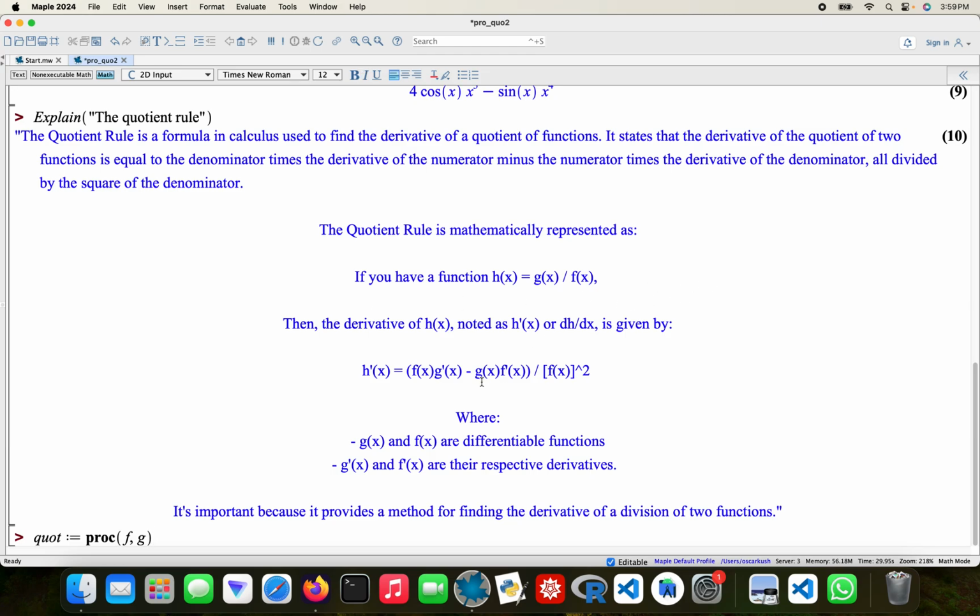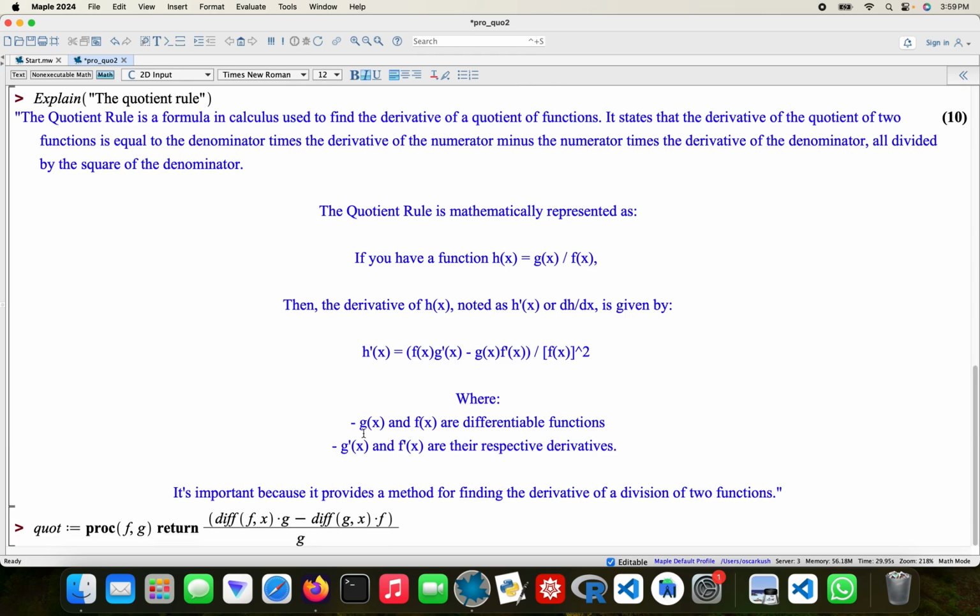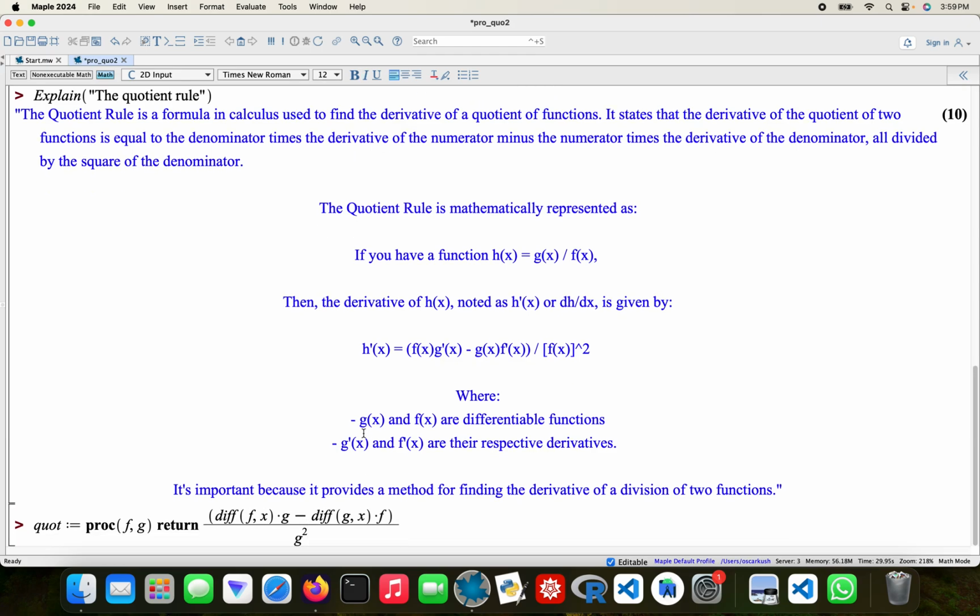Then return: diff of function f with respect to x times g, minus diff again of the function g with respect to x times f, and then that's all divided by g squared. And then end proc.